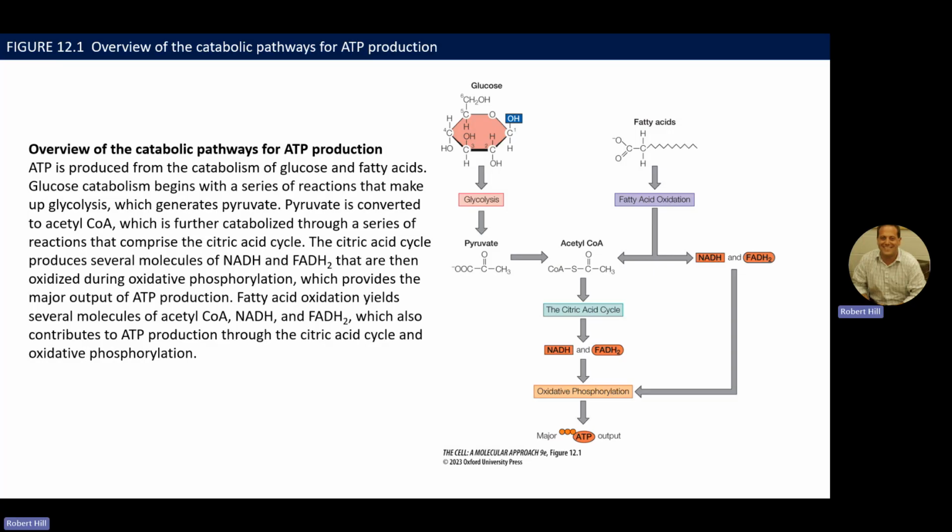The aerobic process, when oxygen is present: pyruvate is going to initially get processed a little bit, and ultimately it's going to be processed into something called acetyl coenzyme A. Acetyl coenzyme A in the mitochondria gets fed into the citric acid cycle, so-called the Krebs cycle.